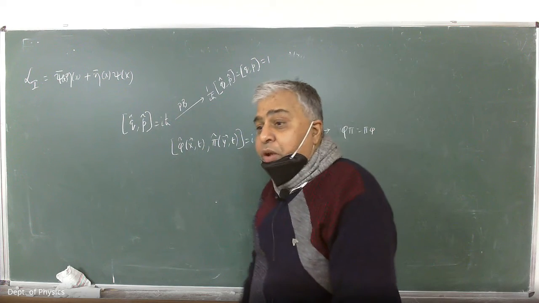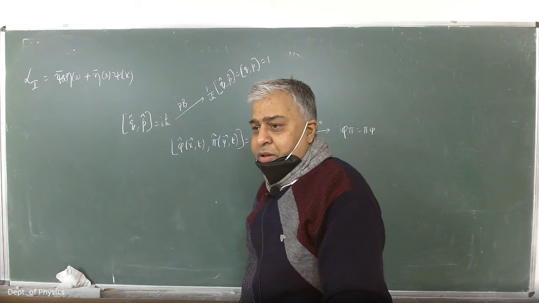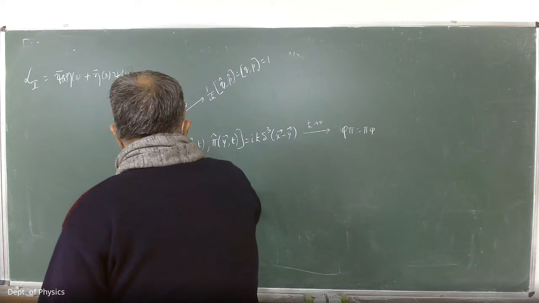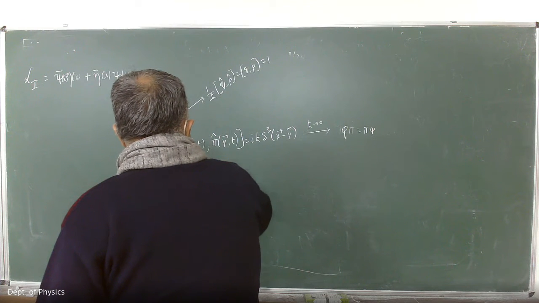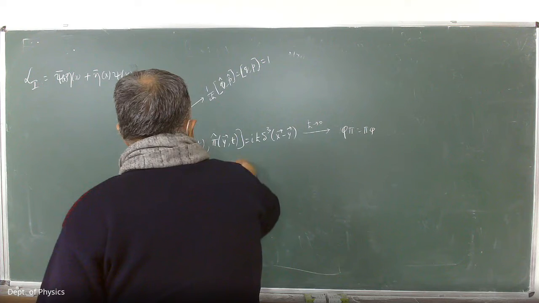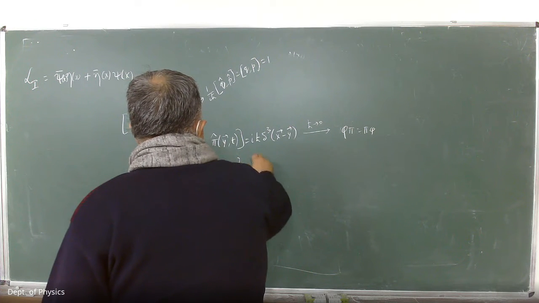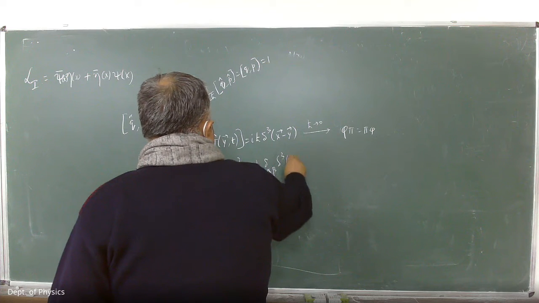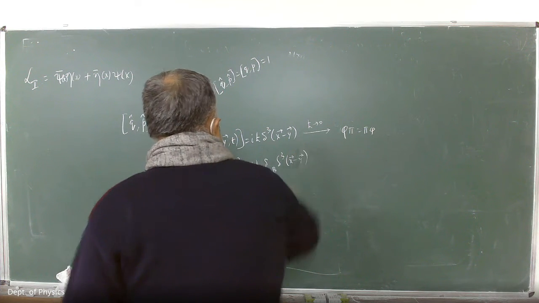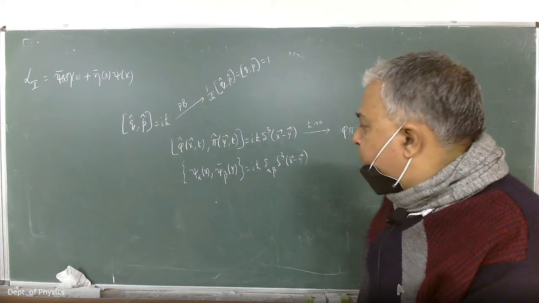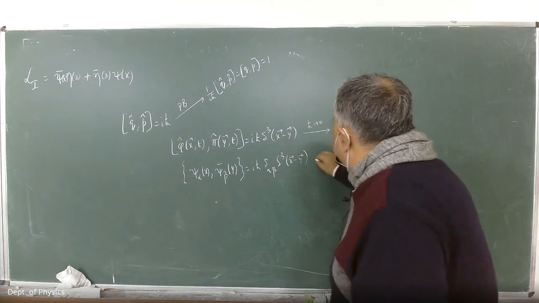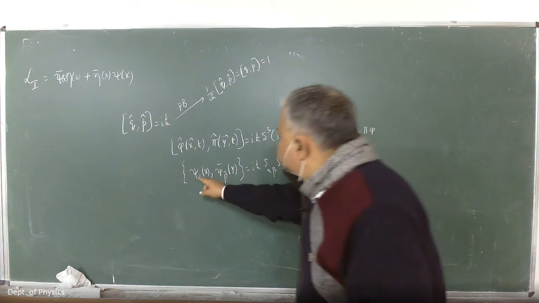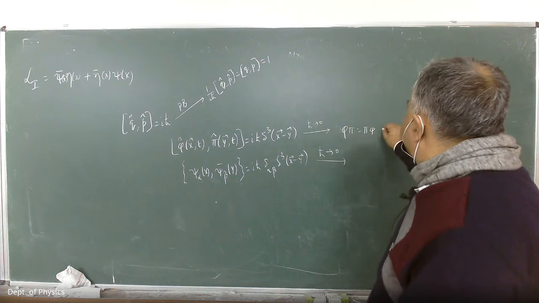What happens if you deal with the Dirac fields? They satisfy an anti-commutation relation: psi alpha(x), psi bar beta(y) anti-commutator is i h bar delta alpha beta delta 3(x minus y). Something like this, right? So the moment you take the h bar going to zero limit, you find they do not satisfy the C number property.